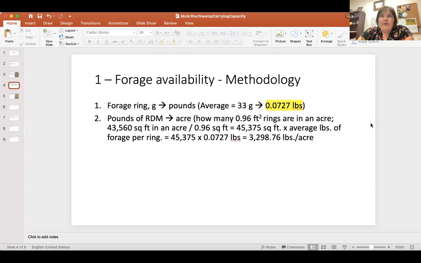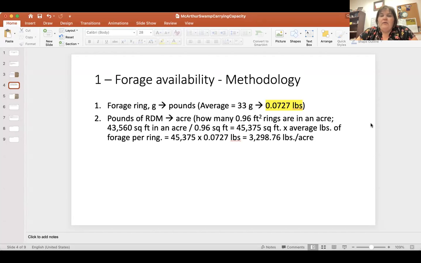Okay, so what that number tells us is that there is 0.0727 pounds of forage that was collected in that ring. So it may not seem like very much, and you're correct, it's not. But that's okay because it's less than 1 square foot in a 700 and some odd acre pasture.